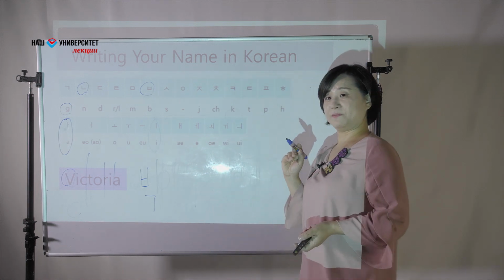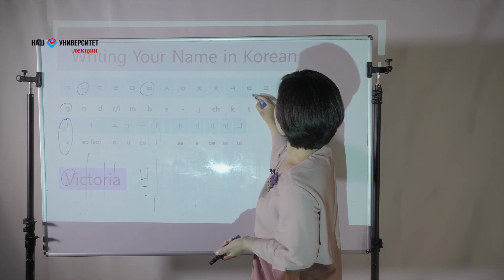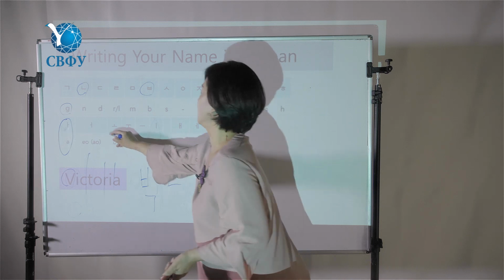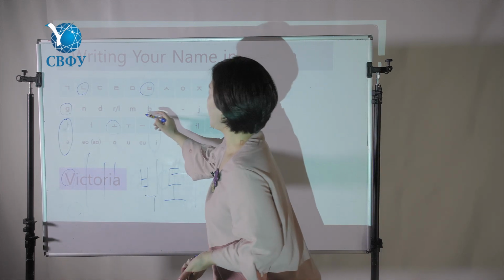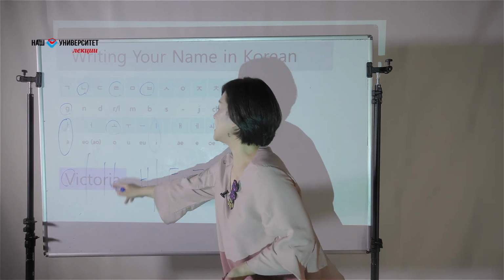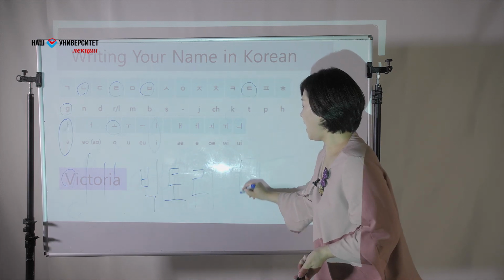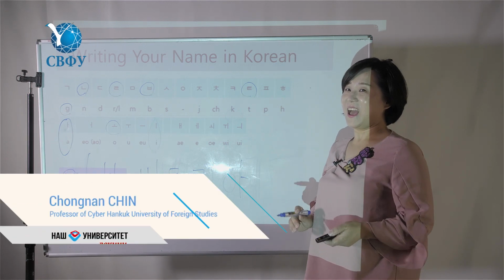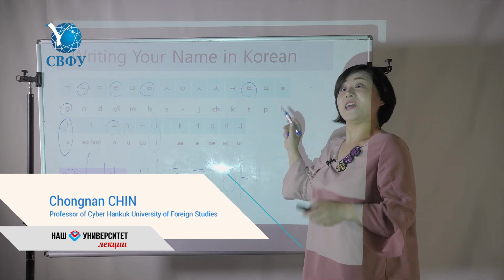So Vic, toe. Where is the O sound? Vic, toe, ri. Add the E sound here, D, and for the last one, just a vowel, you need to add a zero consonant. I think you can do it by yourself with the consonant and vowel tables.